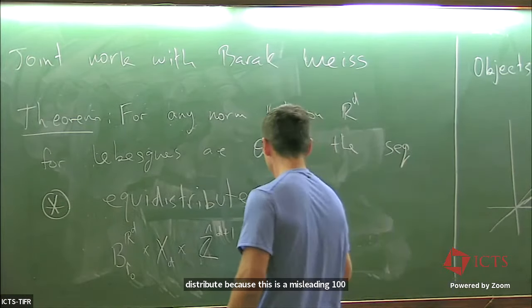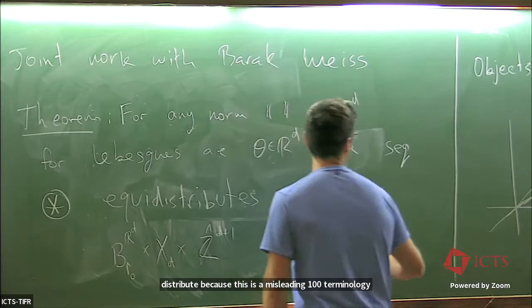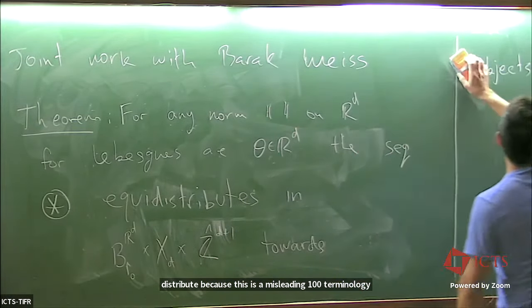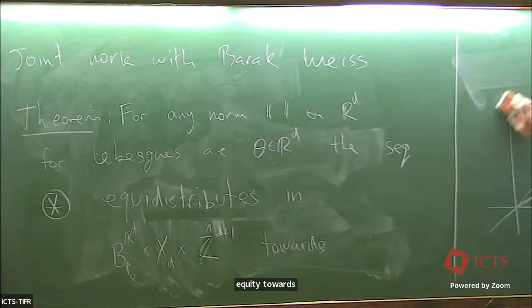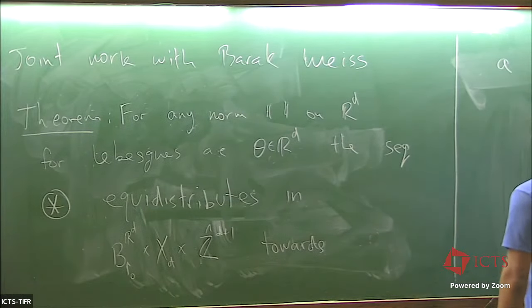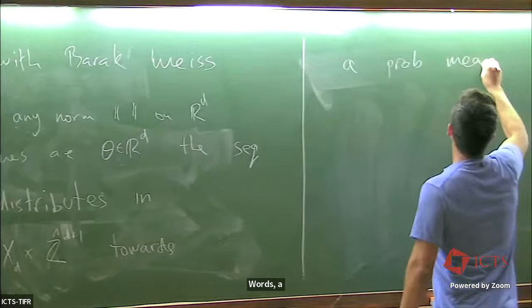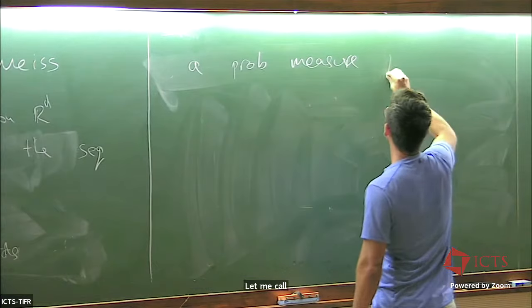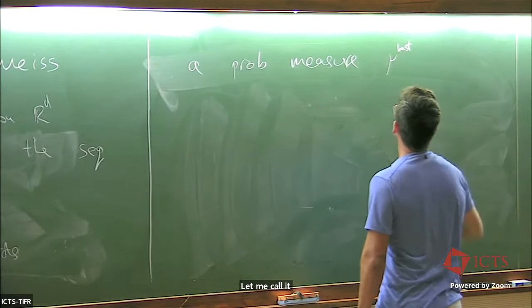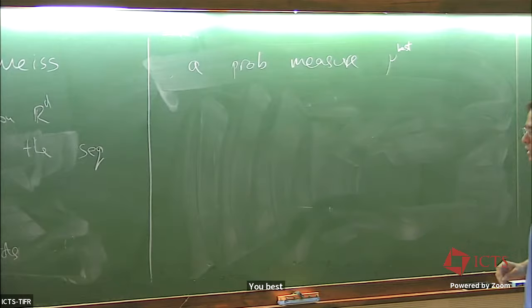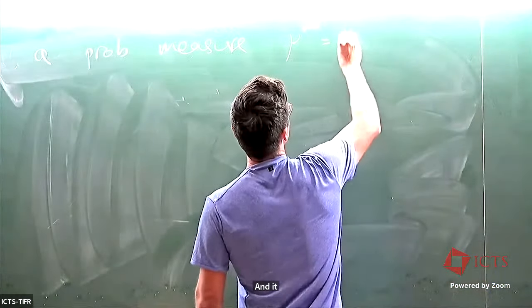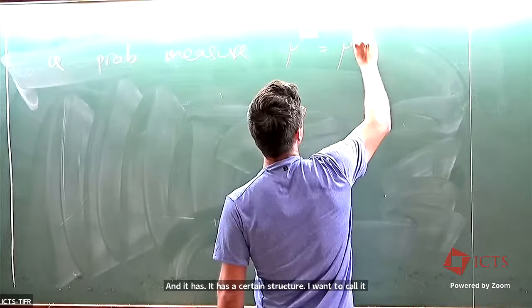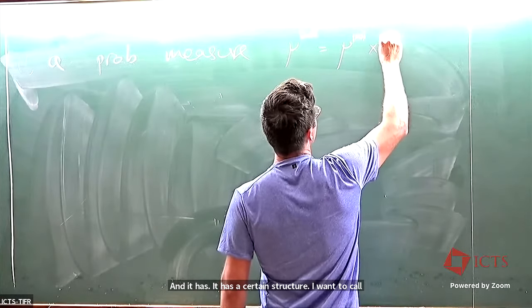Equidistributes towards a probability measure, let me call it mu_best. And it has a certain structure. It is of the form mu_infinity times mu_f.